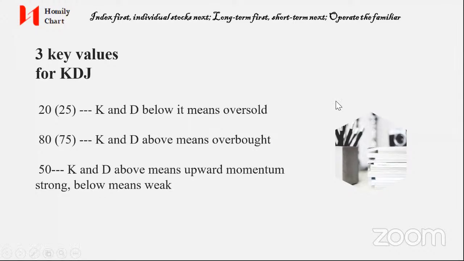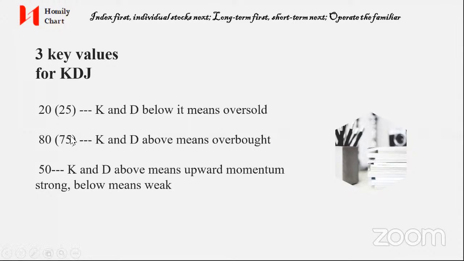Okay, and then the other value to check is 80 or 75. If your KDJ is 9 days KDJ, you check 80. If K and D above 80 means it's already overbought.